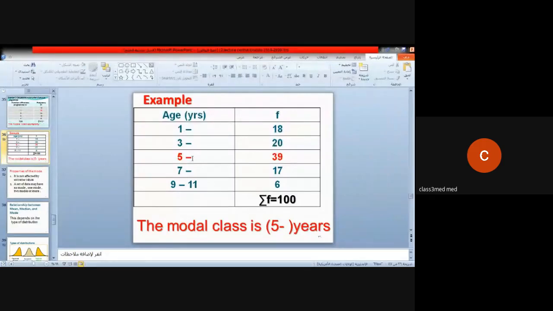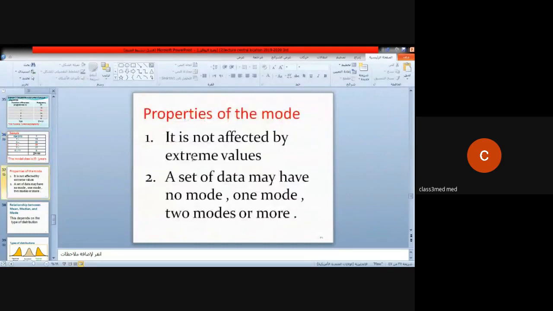Now, what are the common features of the mode? First, similar to the median, it is not affected by extreme values, as it takes the highest frequency value only. Second, a set of data may have no mode, 1 mode, 2 modes, or more.